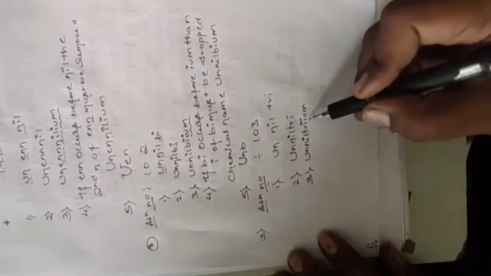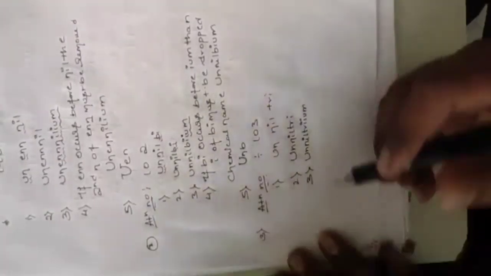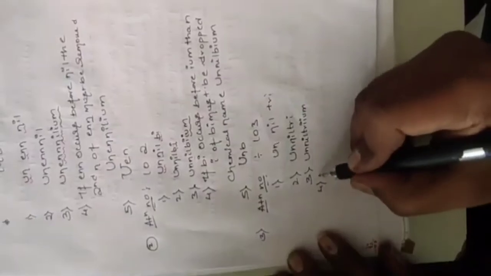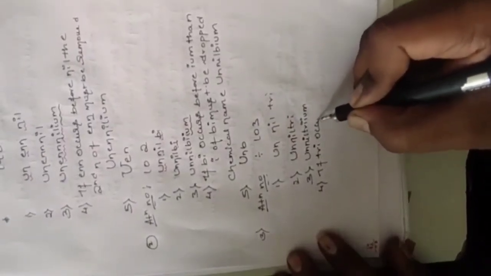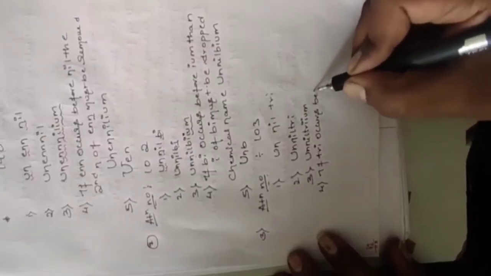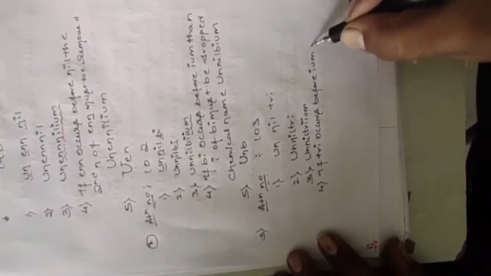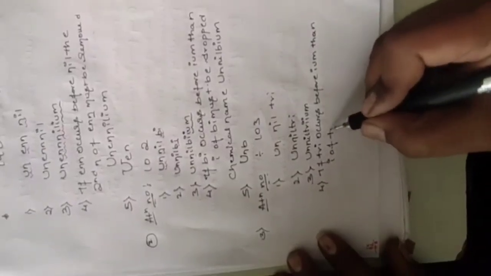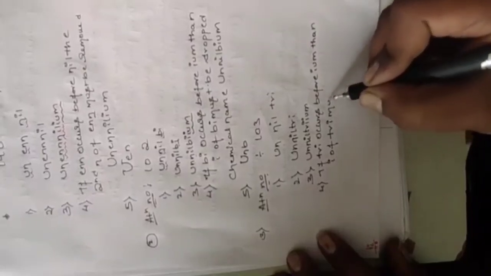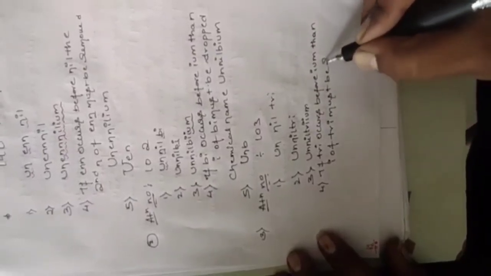Similarly, we get two i's. What we want to do is the fourth: if tri occurs before the suffix ium, then the i of tri must be removed.